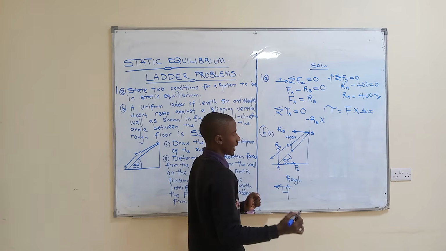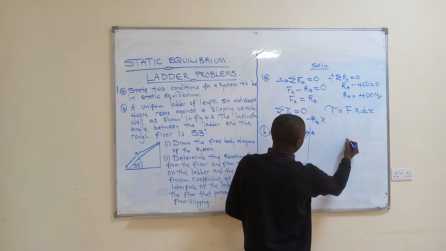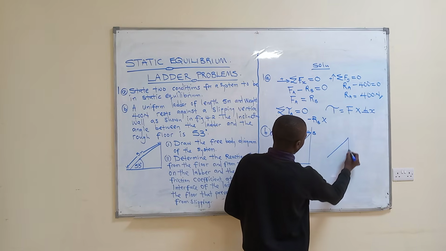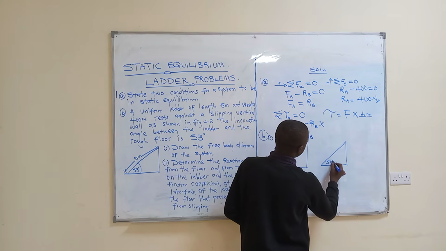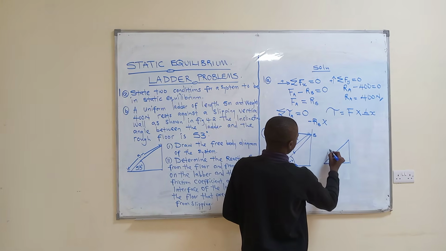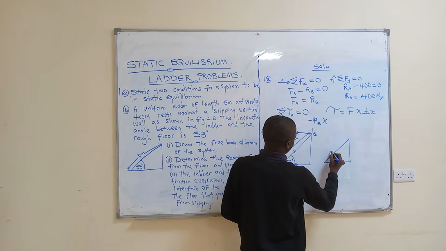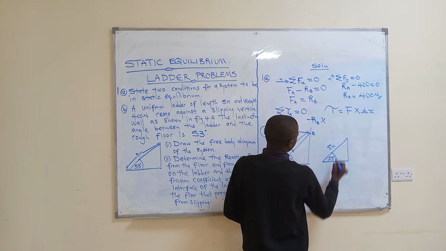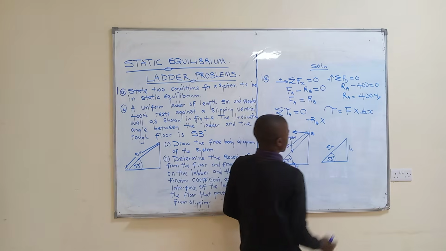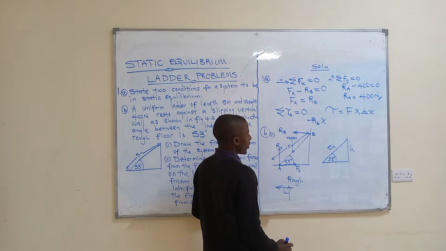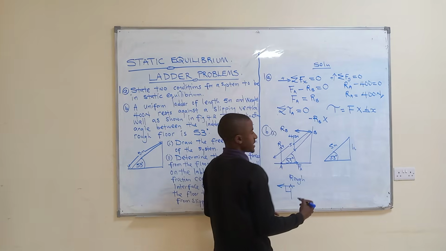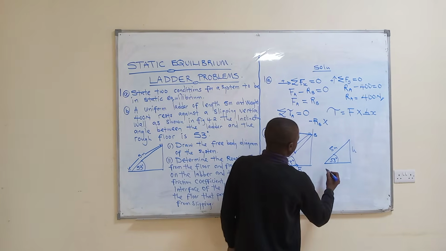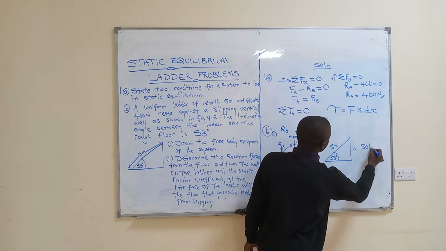So I have to calculate. I'll extract a triangle here. So that is 53 degrees. And then we have been given that from there to there, that is 5 meters. And then I'm looking for the perpendicular distance. So here I'm having opposite and hypotenuse, that is sine, using SOHCAHTOA.